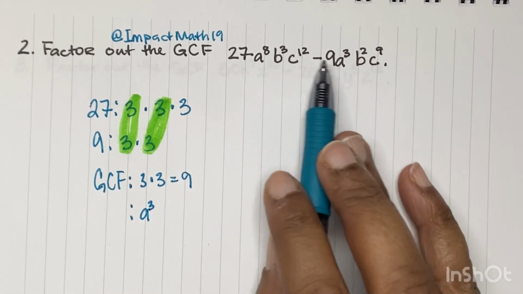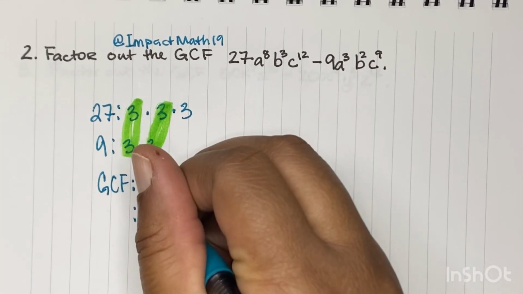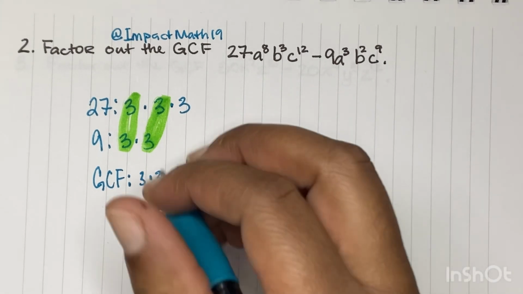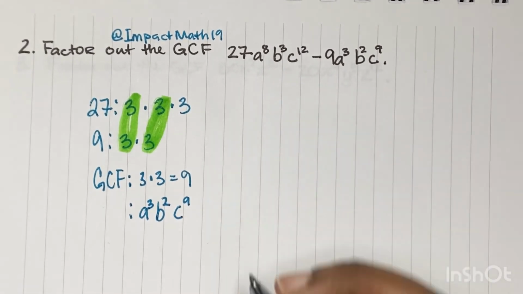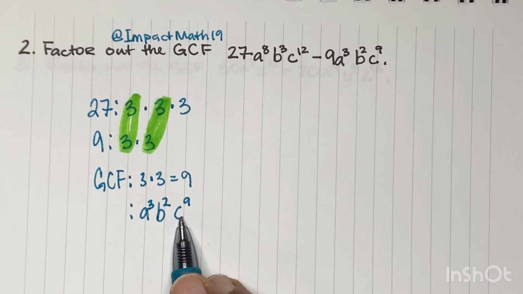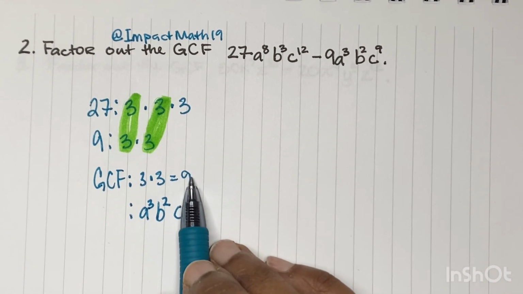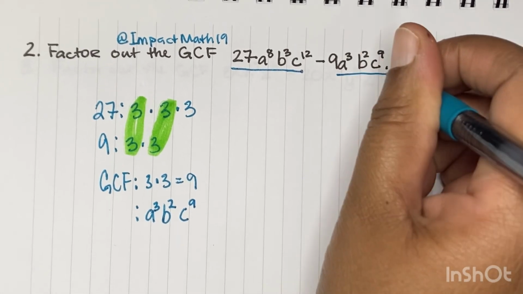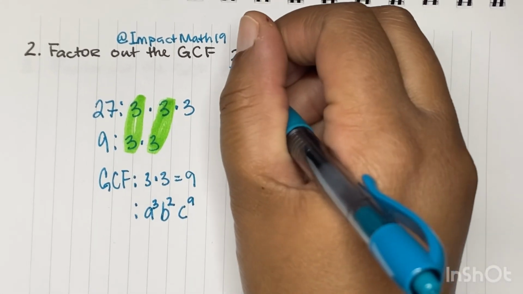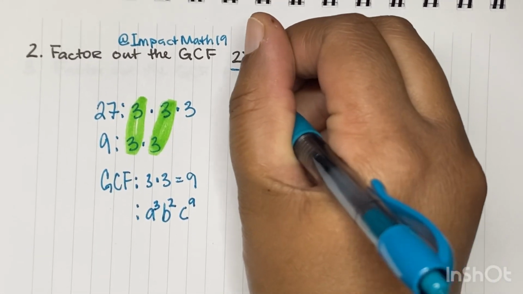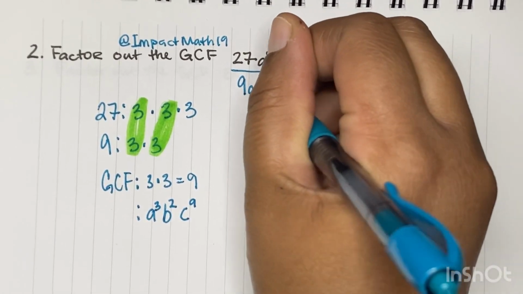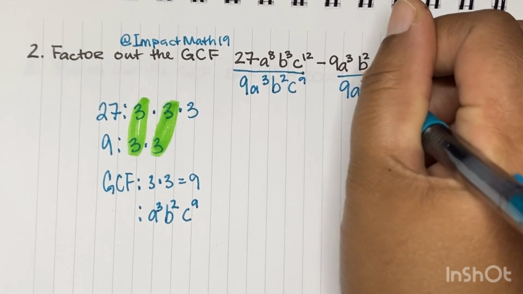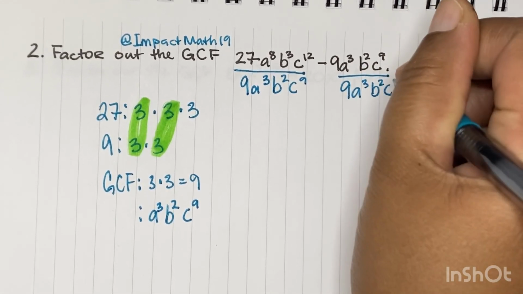Look for your b's, the lowest b, b to the 2nd, and c to the 9th. So this is what we can take out of our variables, and this is our number that we can take out. So again, we're going to divide each of these by 9 a to the 3rd b to the 2nd c to the 9th.